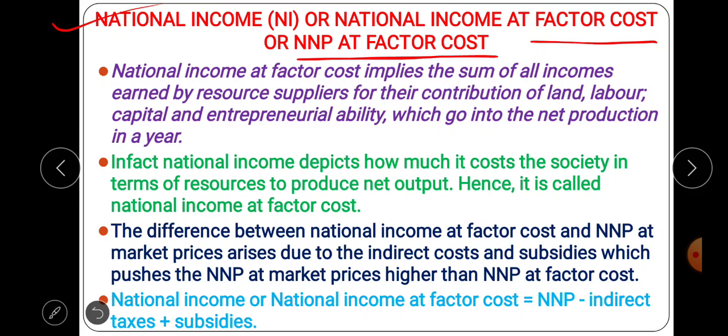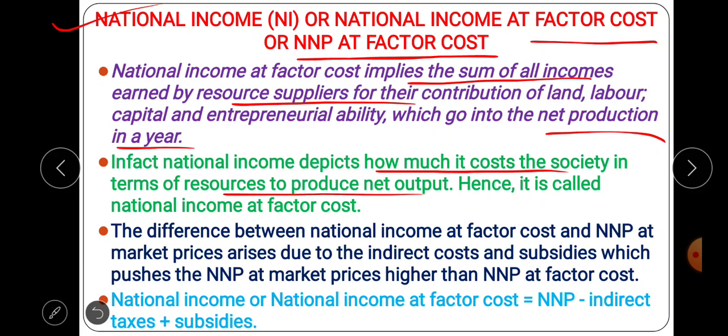So, this national income at factor cost implies the sum of all incomes earned by the resource suppliers for their contribution of land, labor, capital and entrepreneurial ability, which go into the net production in a year. Okay. But in fact, national income depicts how much it costs the society in terms of resources to produce net output. Hence, it is called national income at factor cost.